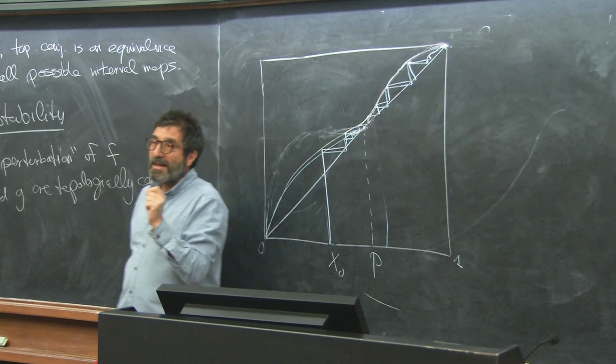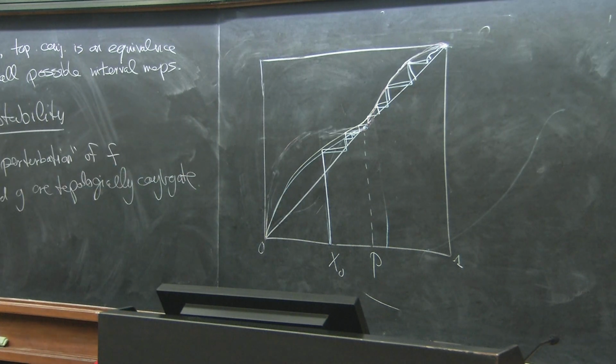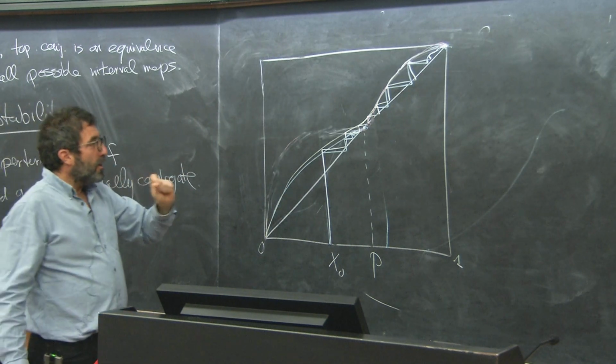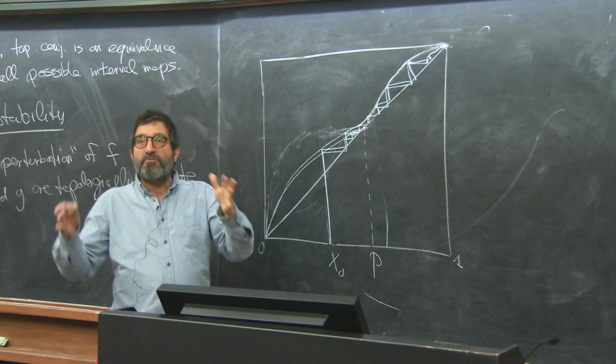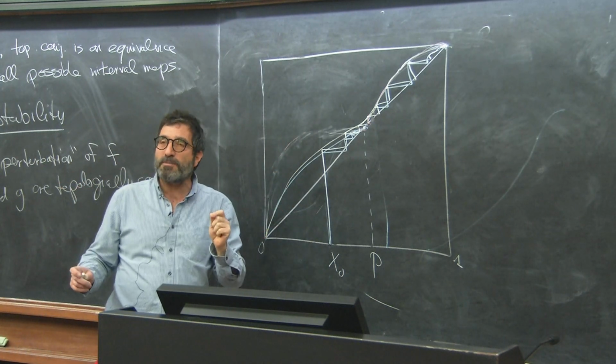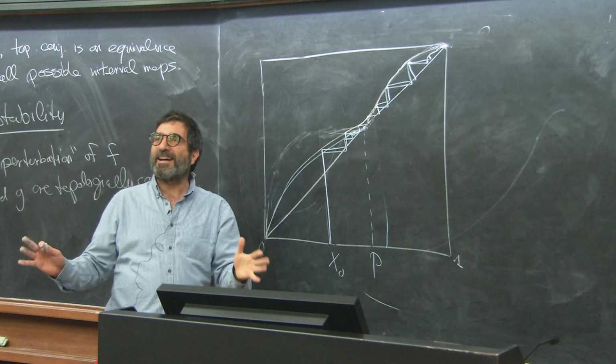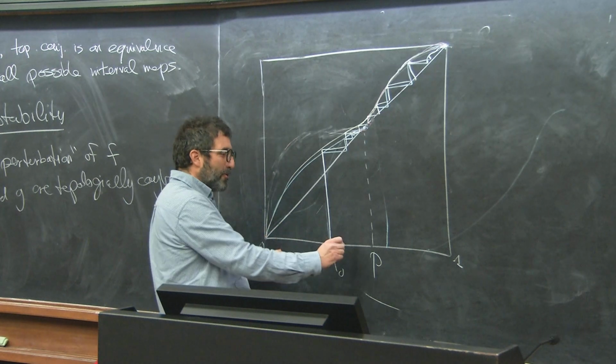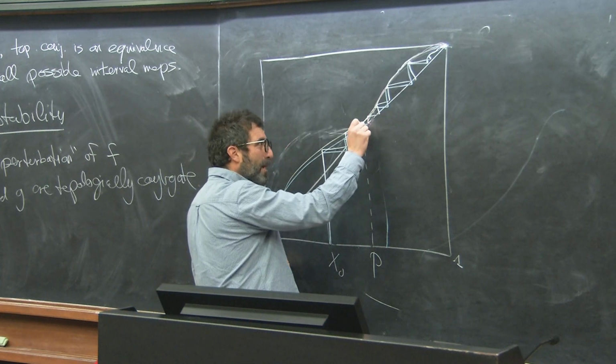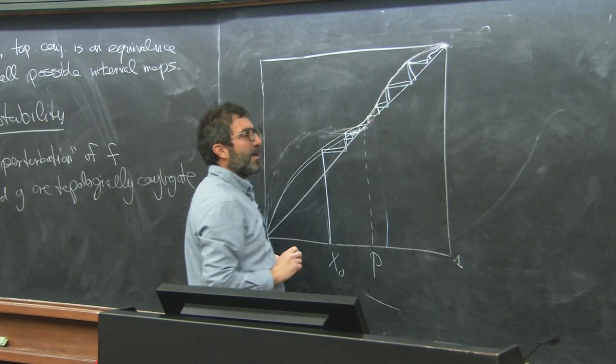I'm trying to emphasize the fact that by deleting this fixed point, we've not just said, okay, we have one less fixed point, but the lack of this fixed point has a global effect on a lot of orbits. All these orbits that were coming to here, suddenly they're going all the way there.